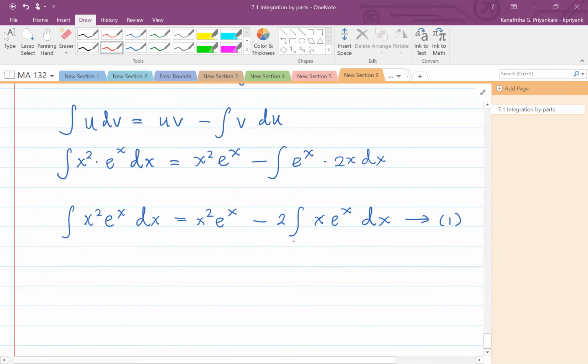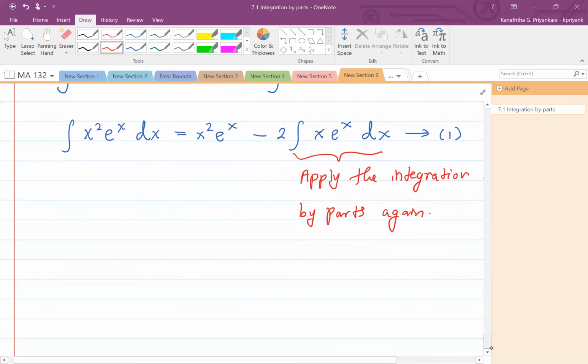So we don't know the antiderivative of x e to the power x. So what we need to do is apply the integration by parts again. Then we can get the answer. So what I'm going to do, I will choose u and dv.